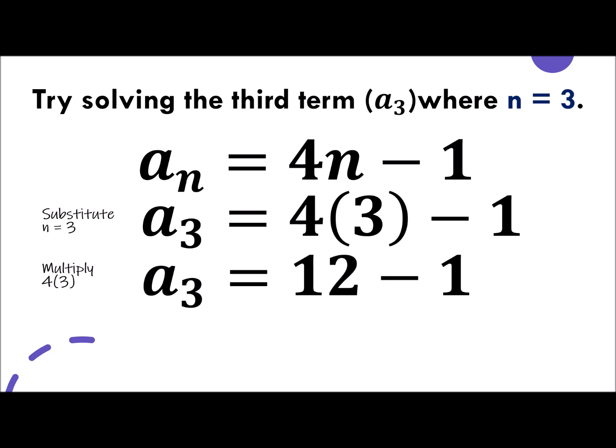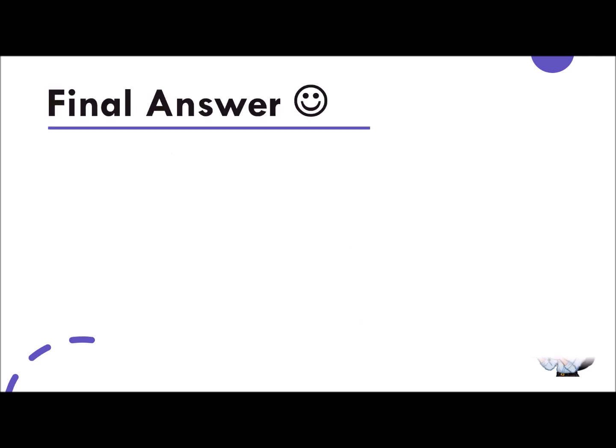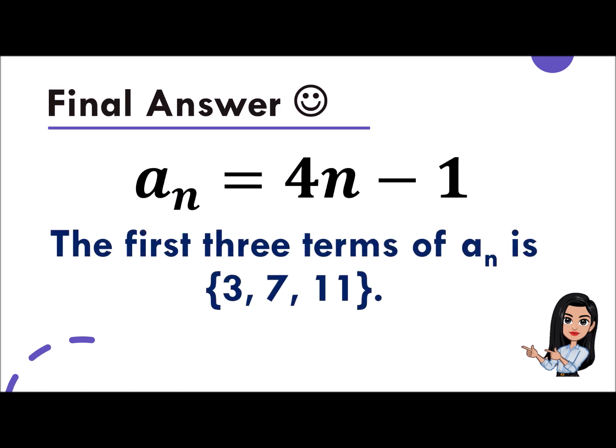Then minus 1. Our third term now is 11. Is that clear? So recalling again, we need to write all the terms in proper sequence. So our final answer, given that a sub n is equal to 4n minus 1, the first three terms are 3, 7, 11. So make sure that it is in proper order. Is that clear?